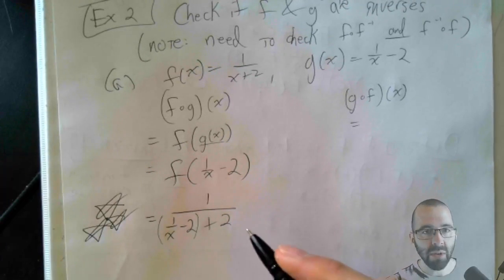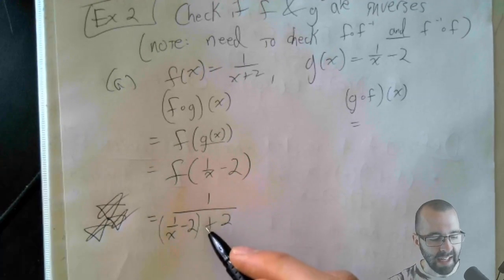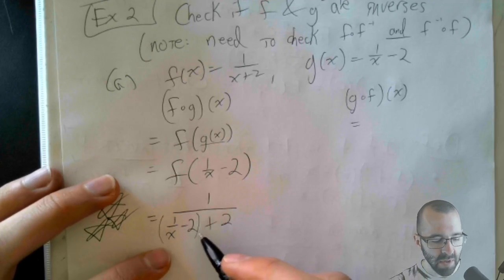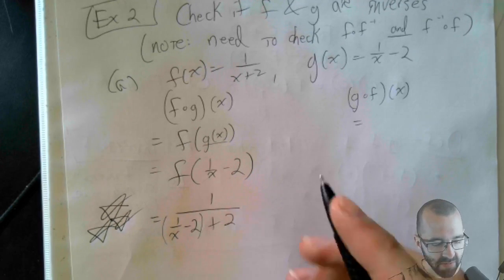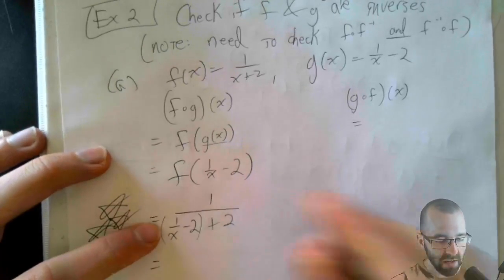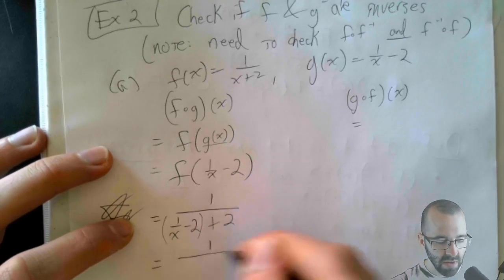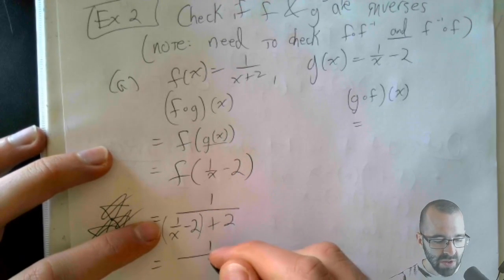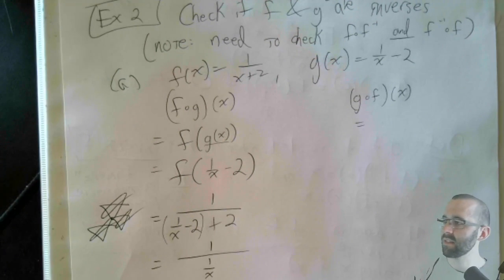But now we're going to get rid of them in the next step, though, because parentheses are only necessary, I like using them, but they're only necessary when things are being multiplied or divided and stuff. But we're just adding 2, so we can just drop them right here. So we have a -2 and a +2, which cancel each other out. And we're just left with 1 divided by 1 over x.